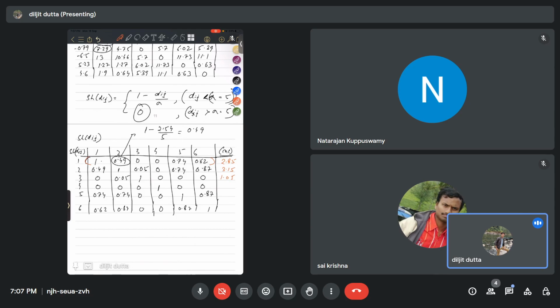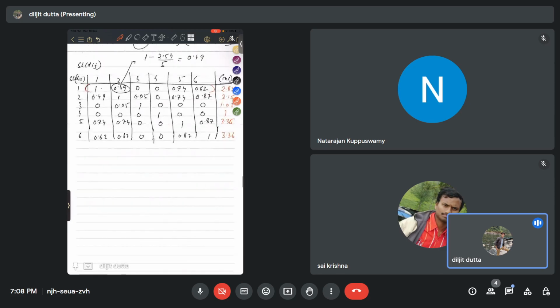For the fourth row, it is 1 and 0.74 plus 0.74. For the last one, 0.62. So we have the niche count.